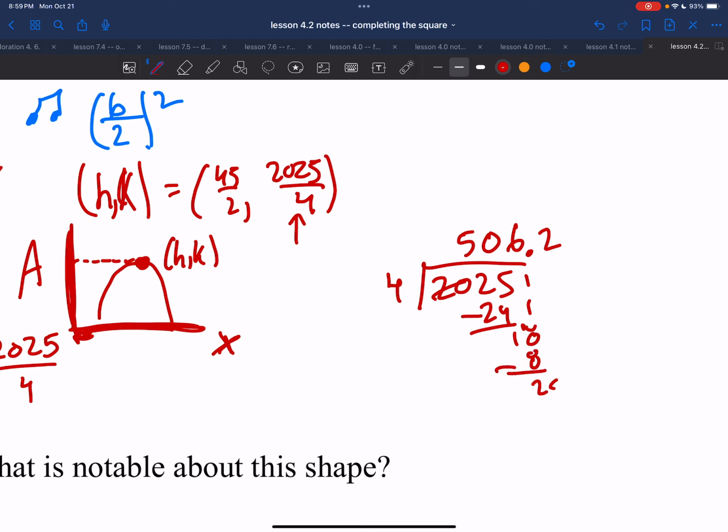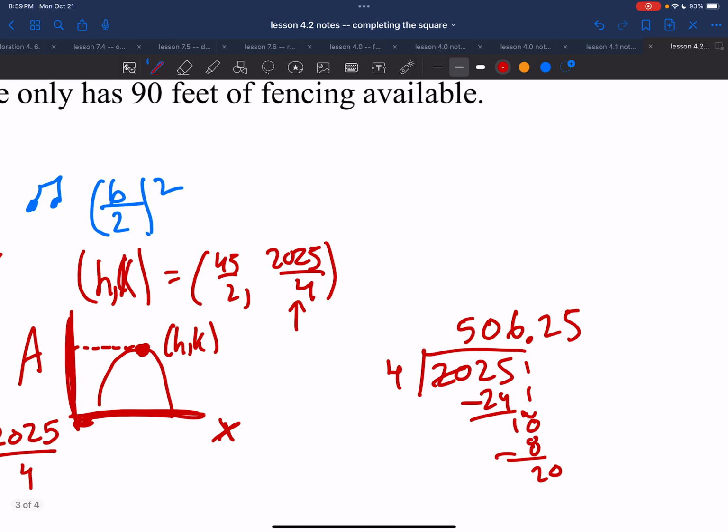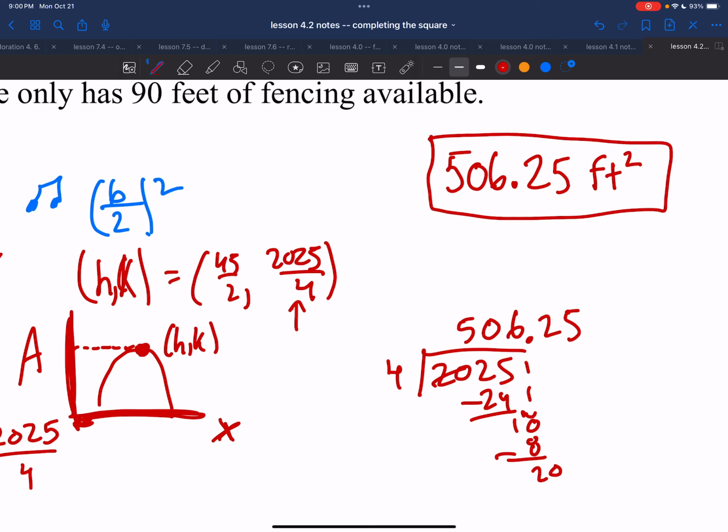And then it's 20, and so it goes to 5. Boom, done. Jenny, the maximum area is 506.25. And then you say feet squared because we are good students who put their units on such measurements, right? That is my maximum area. Done. Hooray.